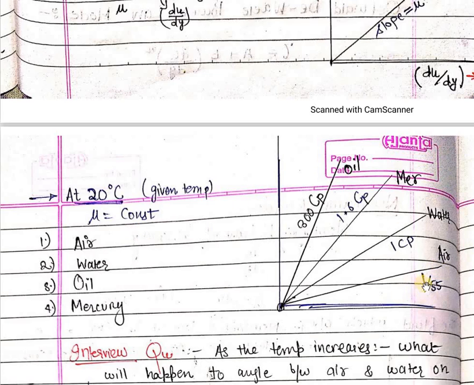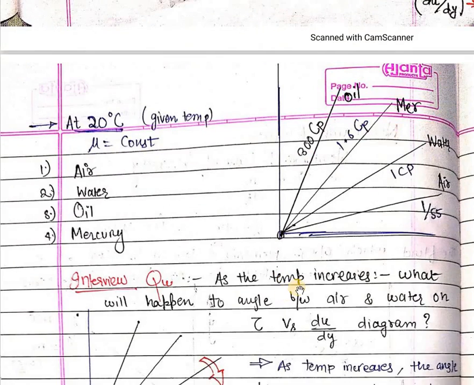For example, for the air it is 1.55 cp, for water 1 cp, for mercury 1.6 cp, for oil 300 cp. Drawing on this we have the graph as such. All these lines have constant slope and they are passing from the same origin.